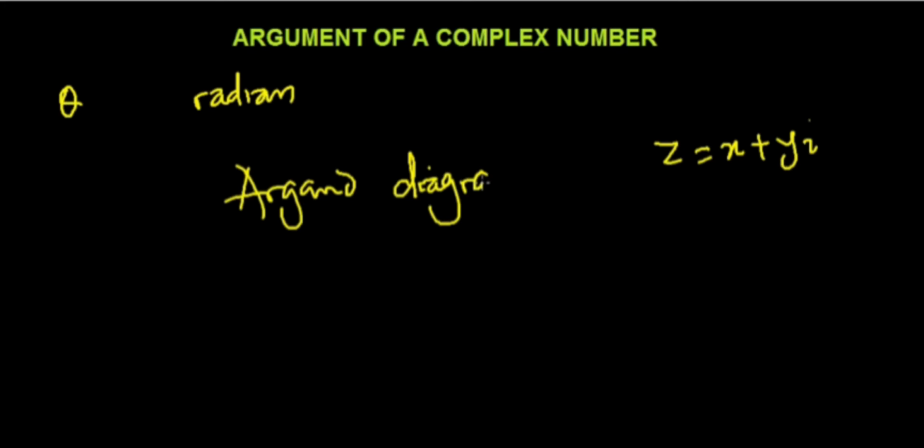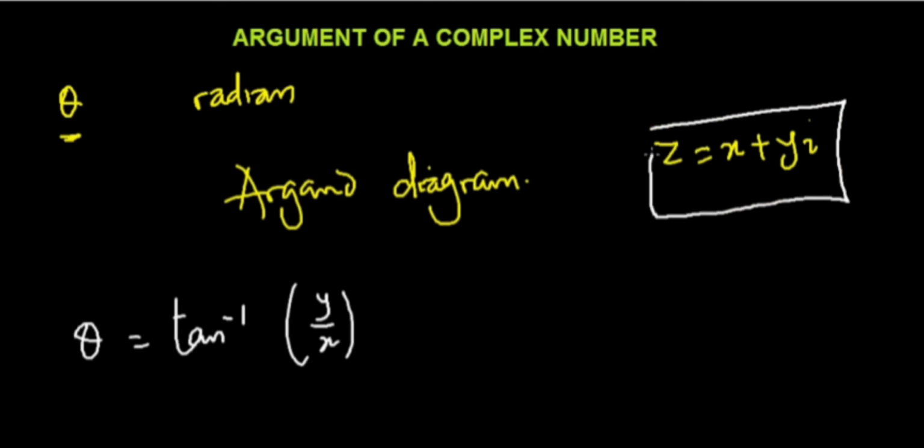So mathematically, if I want to obtain my argument theta, argument theta is equal to the arctan of y over x, from this form here. That's how to find my theta.